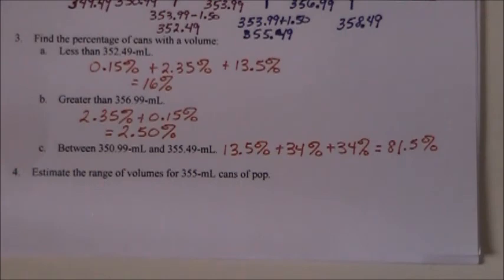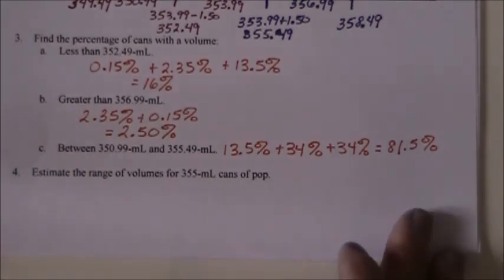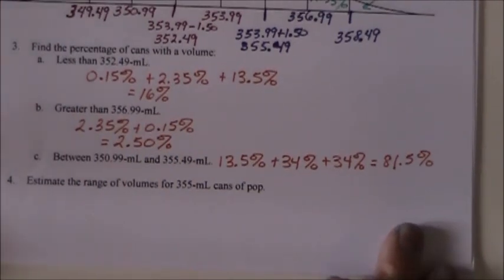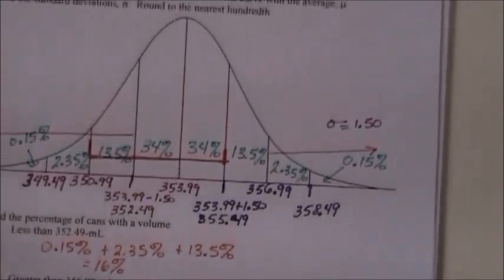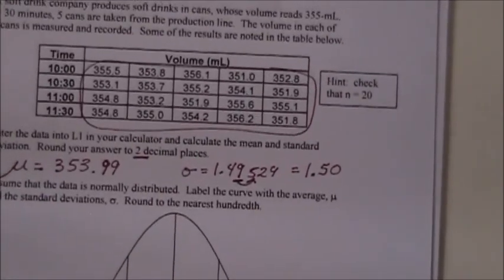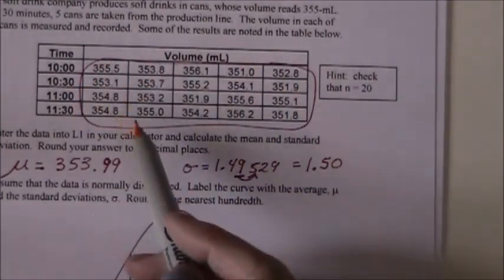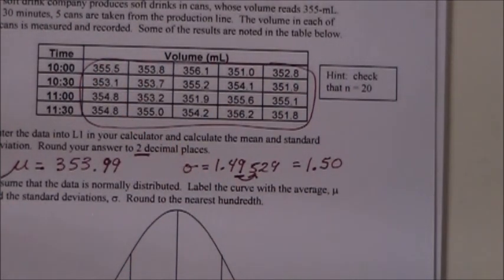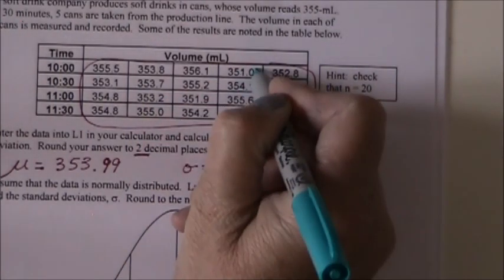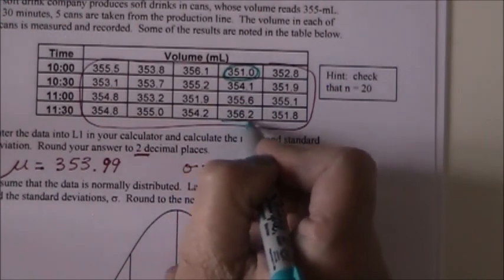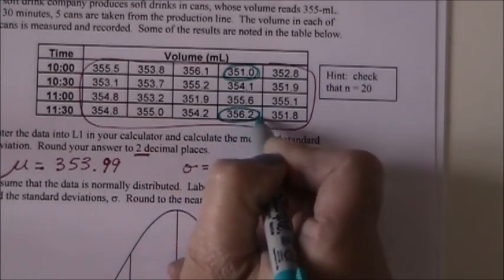The last question on this example has us estimating the range of volumes for the 355 milliliter cans of pop. Well, we need to know what the smallest can is and what the biggest can is. So going back to our table, we're going to go through all of our data up here, looking for our smallest can and for our biggest can. And as we search through, there's our smallest can, and there is our largest volume in the can.